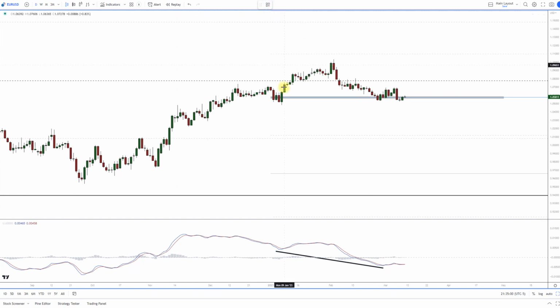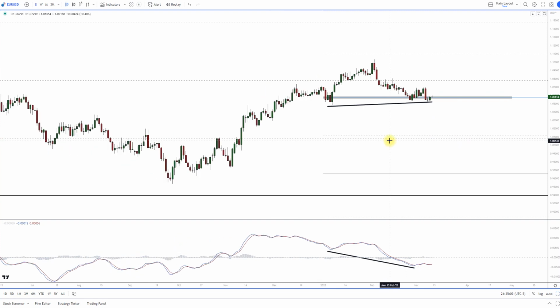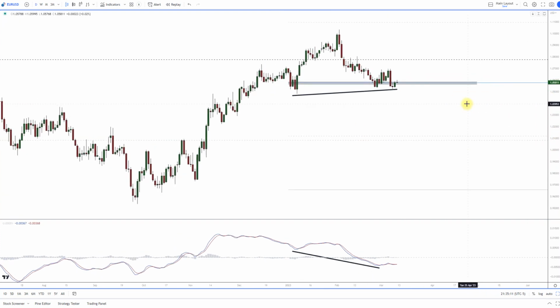We have the market making a slightly higher low, and it's at that support zone. And even if I were to use, for example, a Fibonacci retracement, just eyeballing it from this low to this high, this has to be around 27% or so, or maybe even 40, but we'll take a look at that right now.